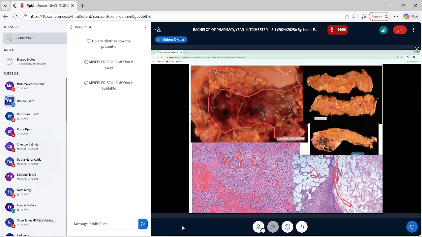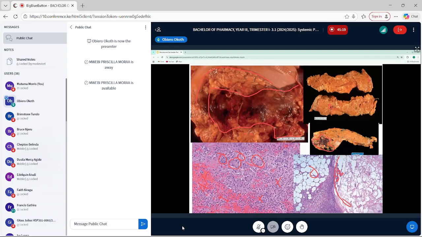And this bluish material you're seeing here is calcium. It looks like chalk. So we call this fat necrosis with saponification. Yes, this is acute pancreatitis at its worst.